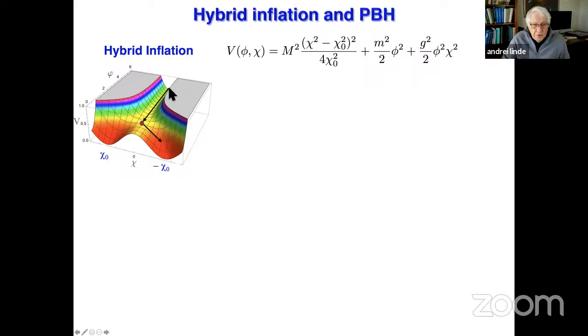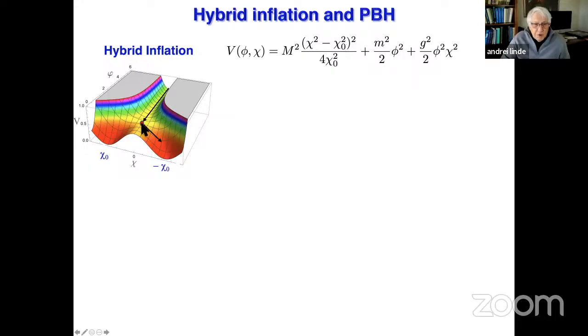Then when field phi rolls down along the valley, along which it has the simple potential m squared phi squared, it comes to some point where the first term becomes important, because we know that the first term, the Higgs term, has a minimum at chi equal to chi 0.